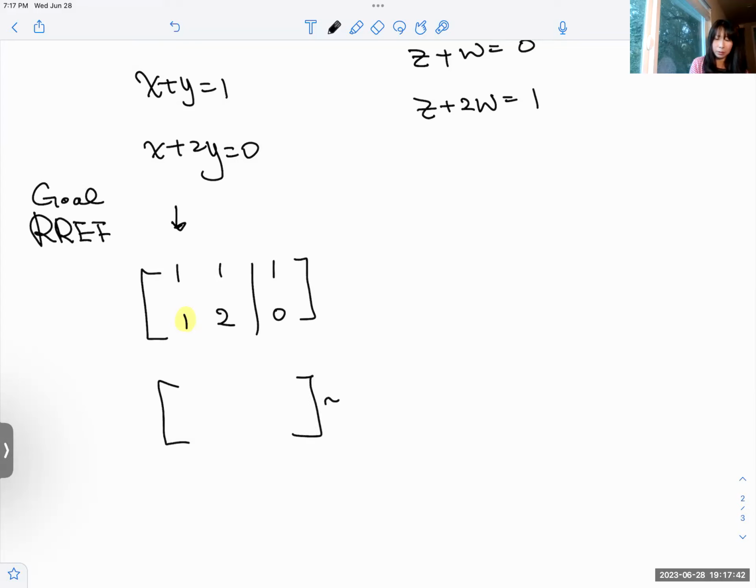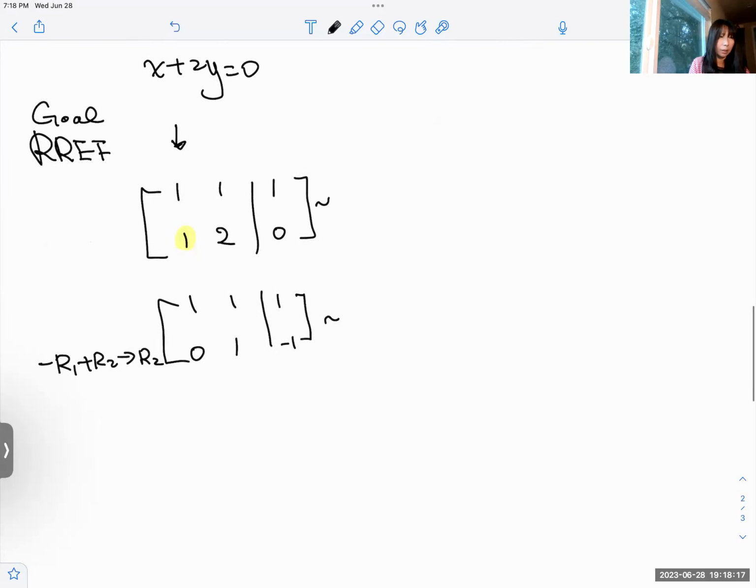We could subtract the top row from it: negative 1 times row 1 plus R2. So we get [1, 1 | 1; 0, 1 | -1]. Hold on one second, I made a mistake, so that is -1, right? Now it's done for the second row.